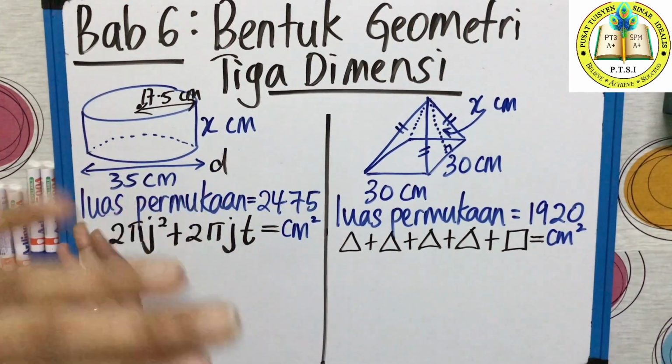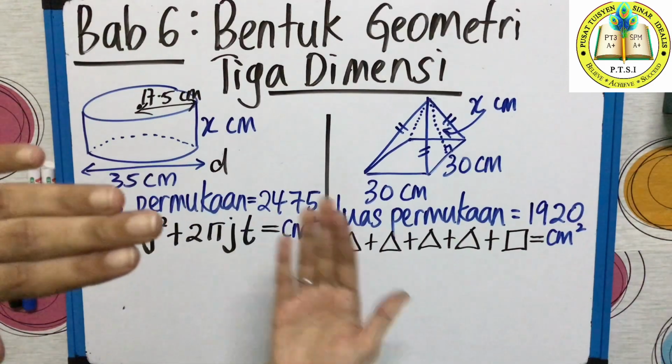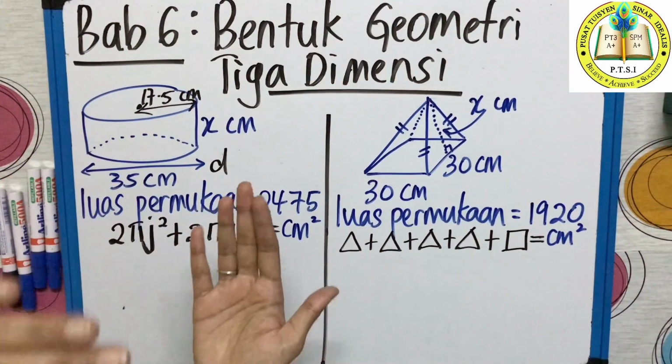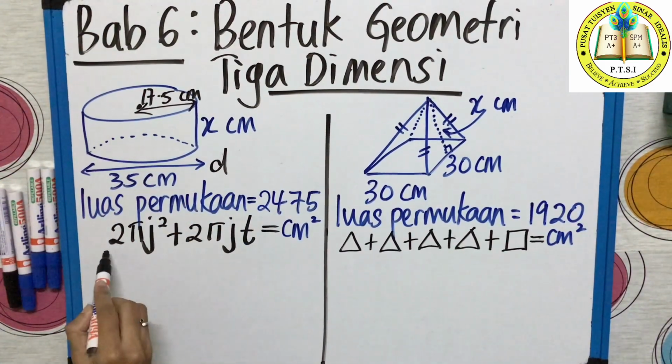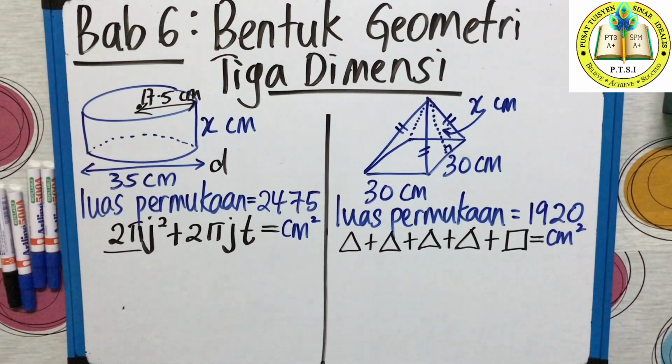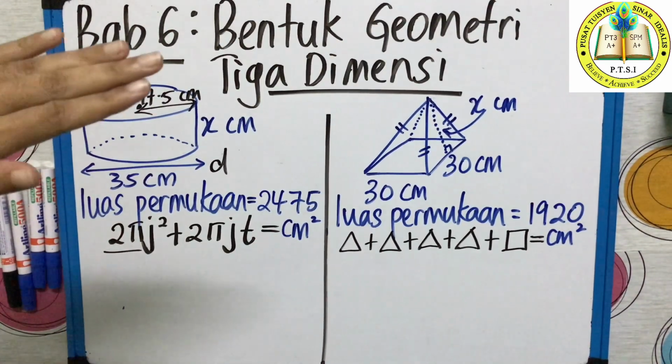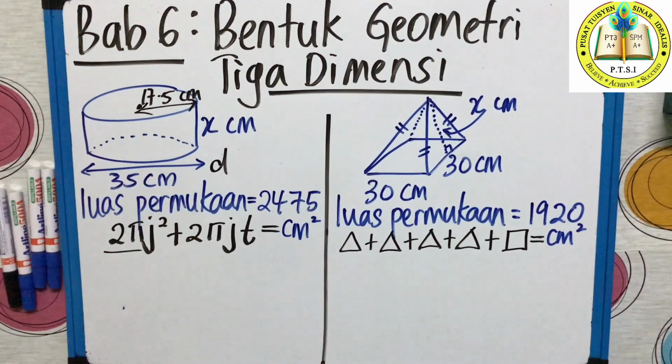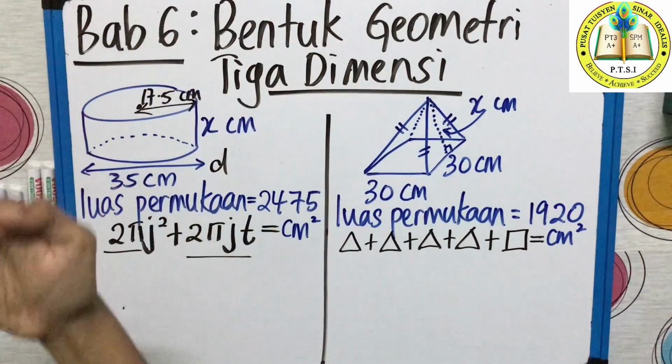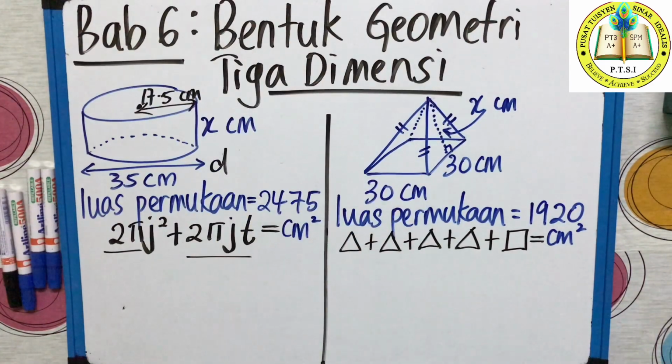Sebab silinder atas ada satu bulatan, bawah ada satu bulatan. You have two circles, that's why you see here 2 pi j kuasa 2, atas satu bulatan, bawah satu bulatan. And this 2 pi j t adalah permukaan melengkung. That is 2 pi r h.